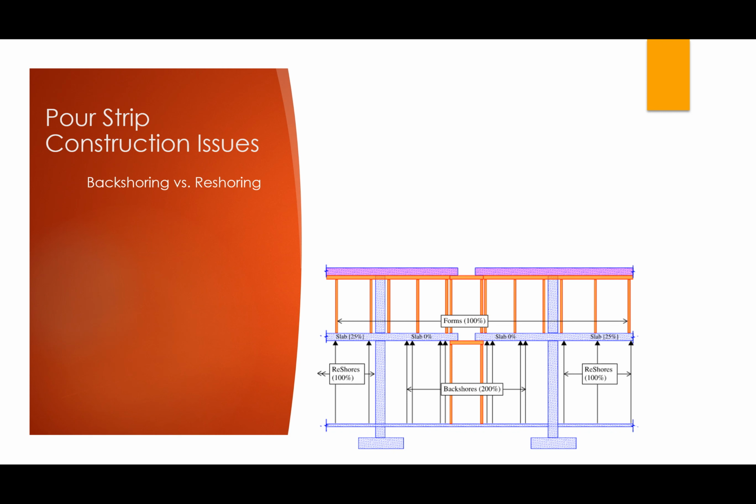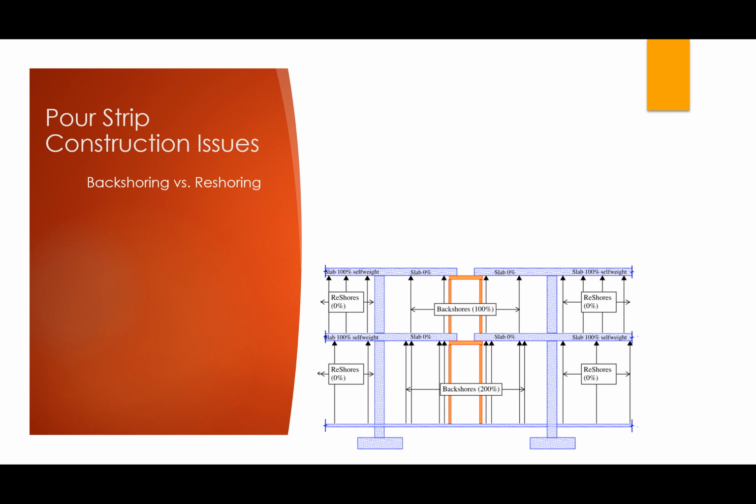So let's go up again one more level, and actually before we go up one level, let's strip the forms and then put back in the reshores again for level 3. So you can see the condition here. Once again, your backshores are 200% loaded on the lowest level, meaning that they're supporting 2 full levels worth of concrete slab self-weight.